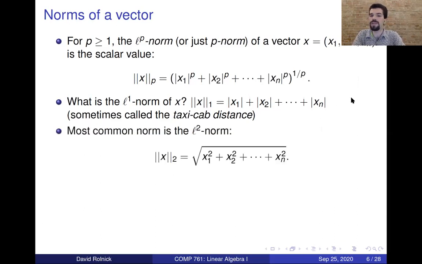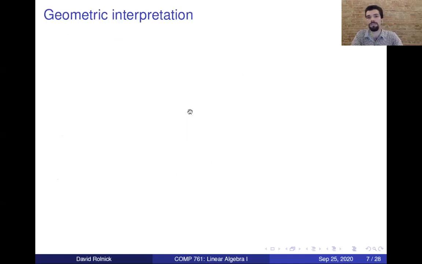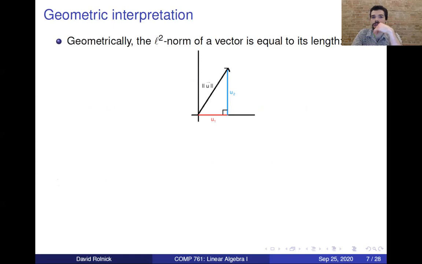The most common norm is the L2 norm, and this is given by the square root of the sum of the squares. Often this will just be written as the norm of x because often the 2 is assumed, but it's generally good practice to write the 2 in. So let's look at a geometric interpretation. Geometrically, the L2 norm of a vector is equal to its length.